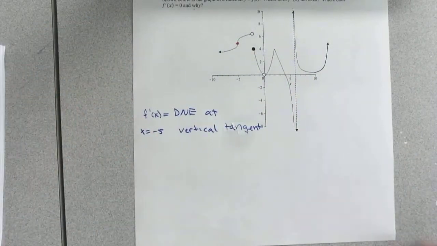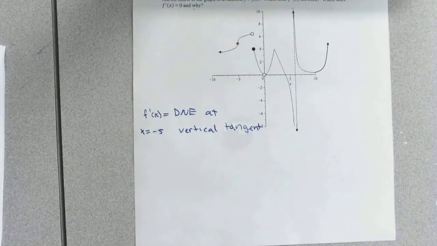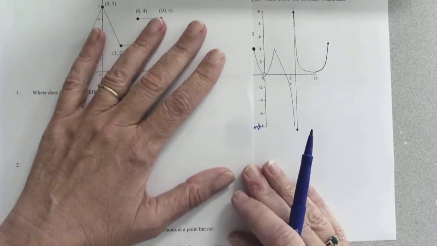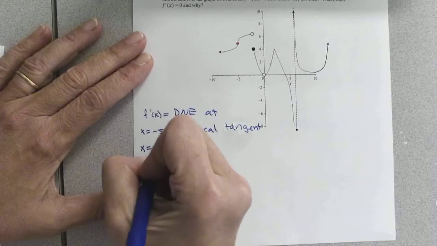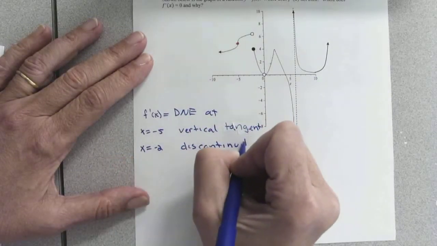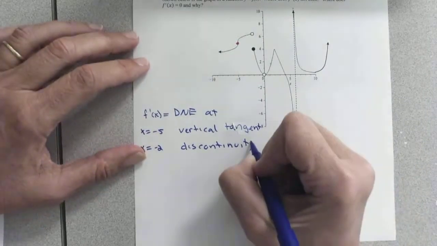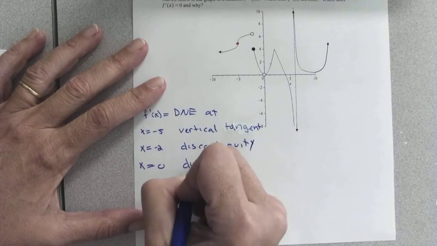Working my way left to right, the next place would be at that discontinuity, which looks like x equal -2. It's a discontinuity. Then we have x equals 0.